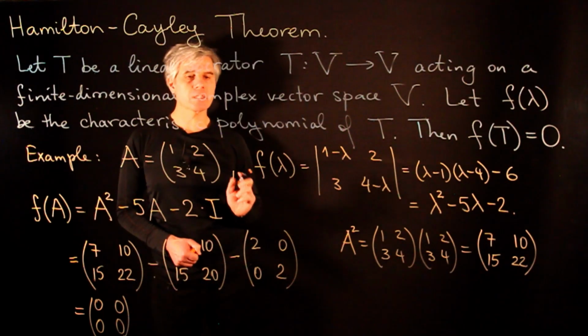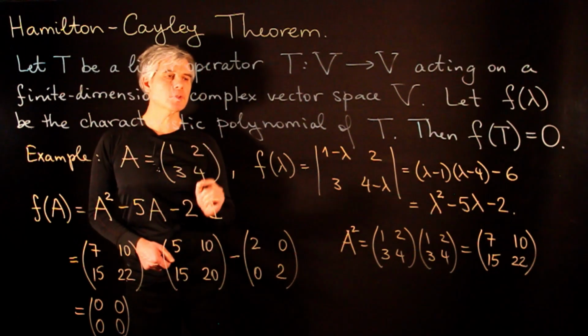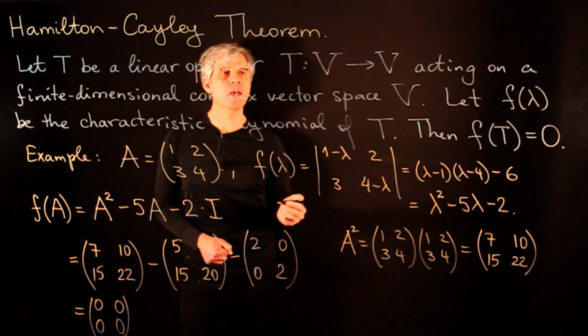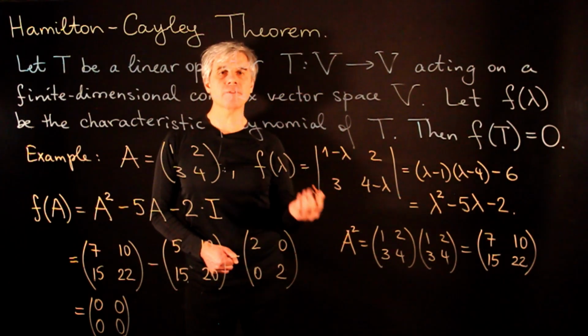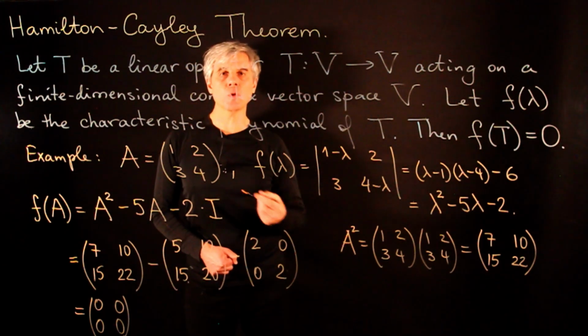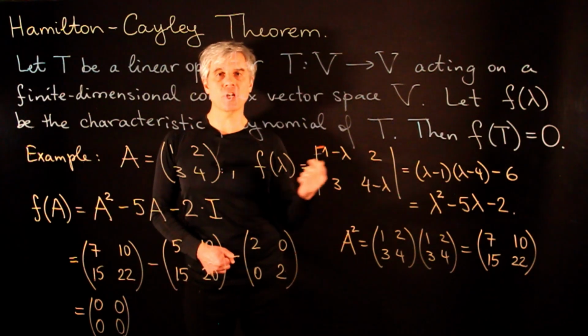Let us emphasize the following point. We define the characteristic polynomial in terms of matrices. So this is determinant of A minus lambda I. And when we have a linear operator, it doesn't have a specified matrix. The matrix of a linear operator depends on the choice of a basis. But all these matrices are similar to each other.